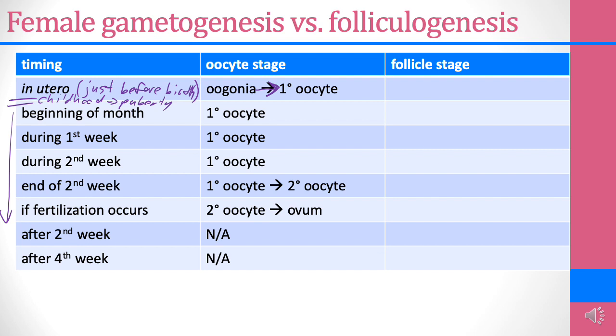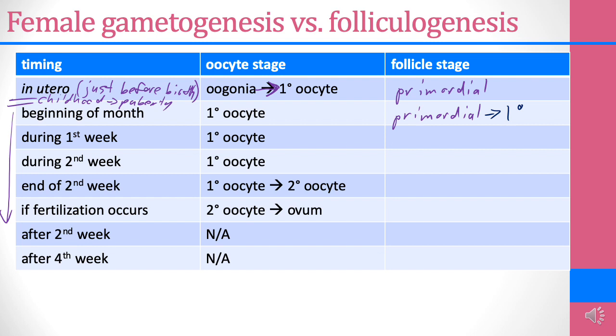So the first thing that happens, when the girl is born, her primary oocytes are all surrounded by primordial follicles. Okay. At the beginning of each month, a primordial follicle is activated to become a primary follicle.